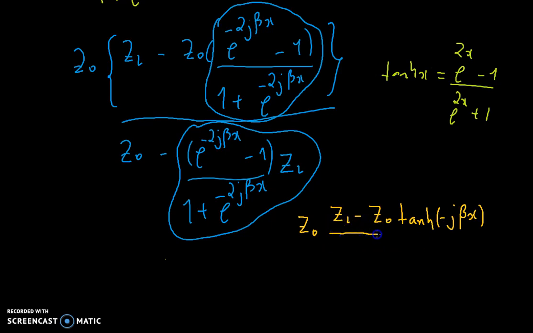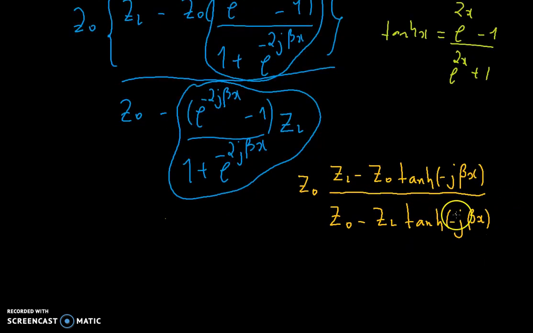So now we divide here and we write the second factor, which is z naught minus zl times tanh of minus j beta times x. So that's it.